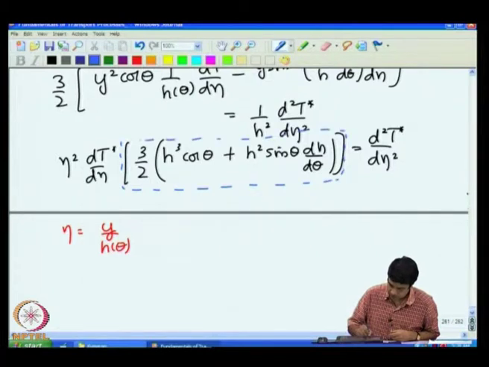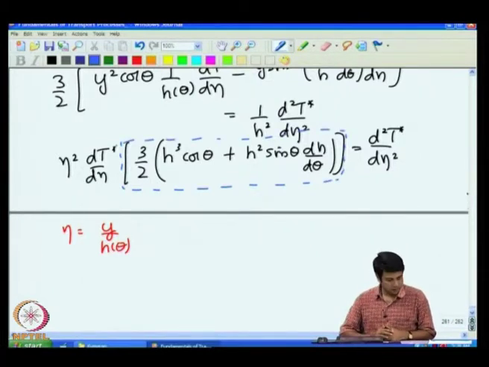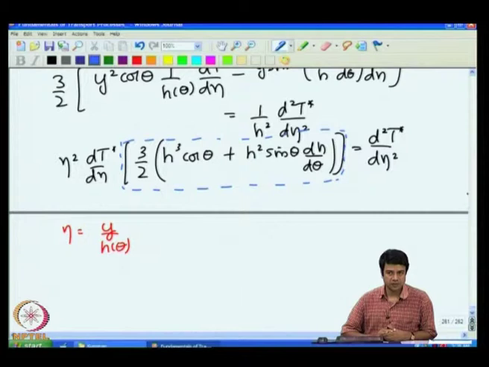If it is not a constant, it does not admit a similarity solution. If this is a constant, then the equation that results is an equation which depends only upon eta. It does not depend individually on y and theta, it depends only upon eta.